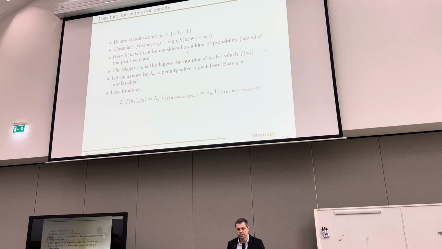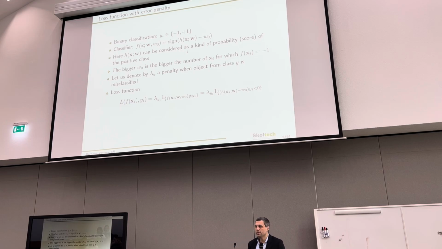It is also very important to take into account that different types of errors can have different costs. In the example I provided, it's obvious that if we say to an unhealthy person that the person is healthy, the cost of such an error is very high.